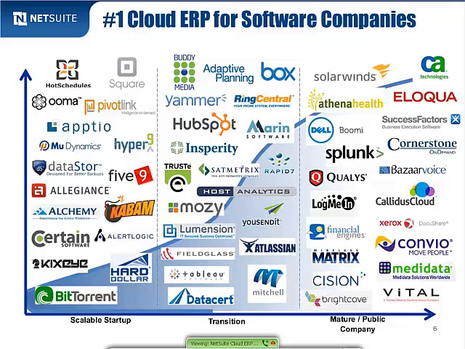In addition, a number of NetSuite customers have recently debuted with great success as a publicly traded company. A few of those companies include Cornerstone On Demand, Splunk, and most recently Qualys. Regardless of what stage your organization is at, NetSuite has the tools to help you move your business forward.